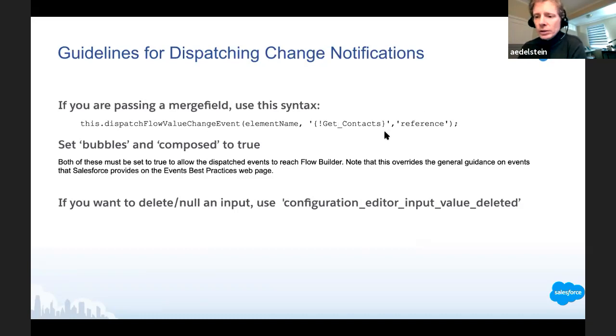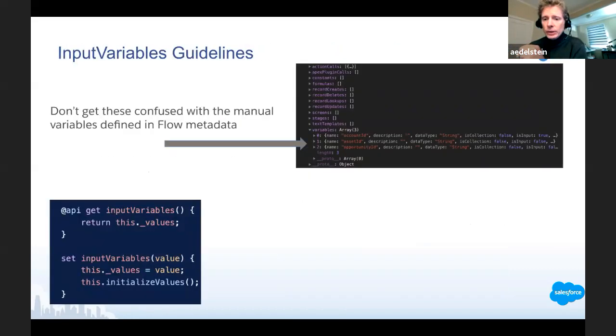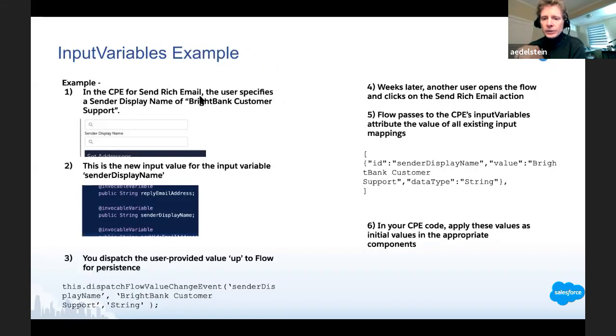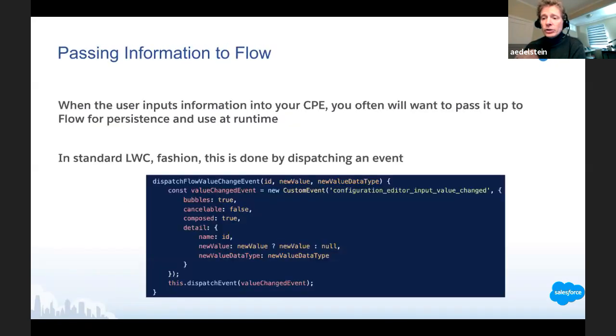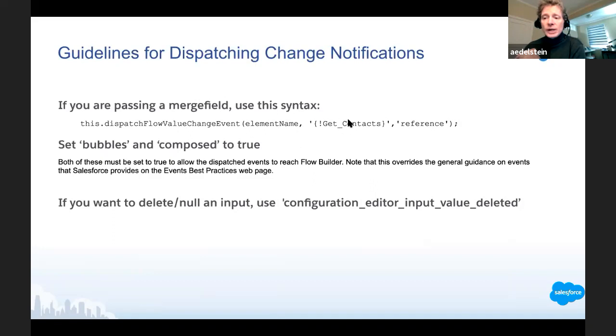And you can pass either a literal, in the case we just looked at, where the user typed in Brightbank customer support, that's just a literal string. But you can also, in some cases, want to pass a reference and make sure that Flow knows that this is actually a merge field. We'll talk about that when we get to combo boxes and mapping inputs a little later.